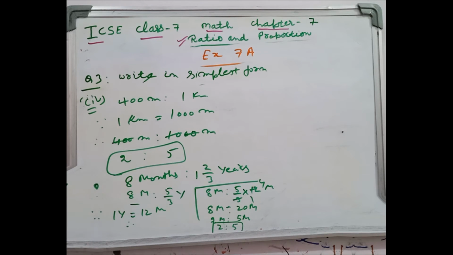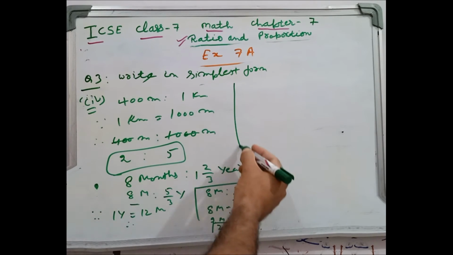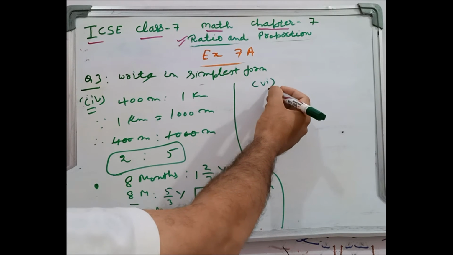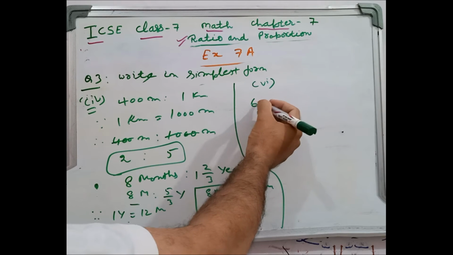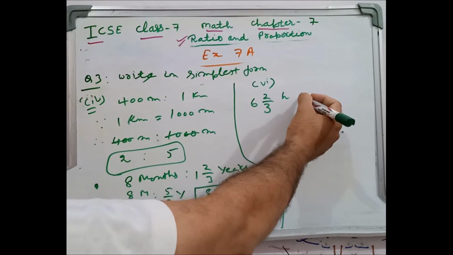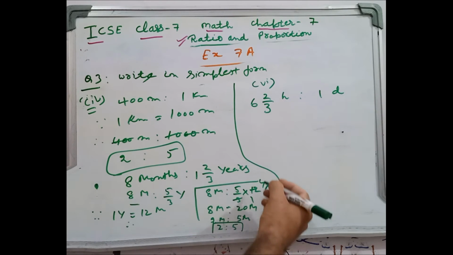Now we will move on to the next and last part, that is 6. We will solve it here. 6 2 by 3 hours ratio 1 day.